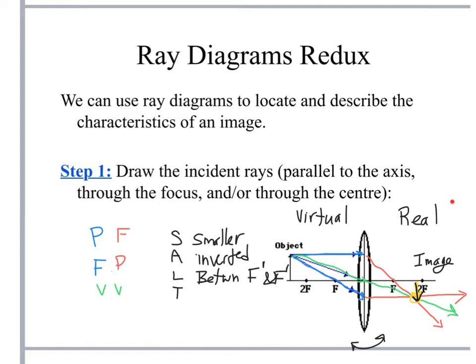So however you want to think of it, in this case, our image is real, because this means that we can project it on a screen. If I put a piece of paper right here, you would see an upside down arrow right on that piece of paper.